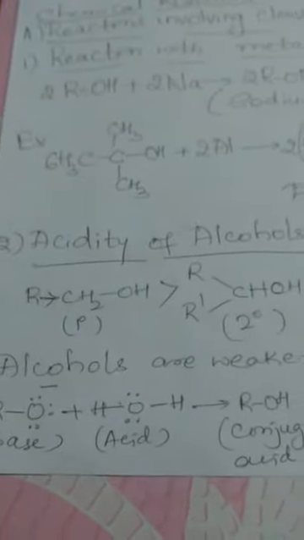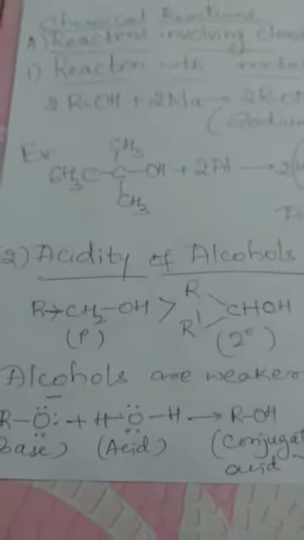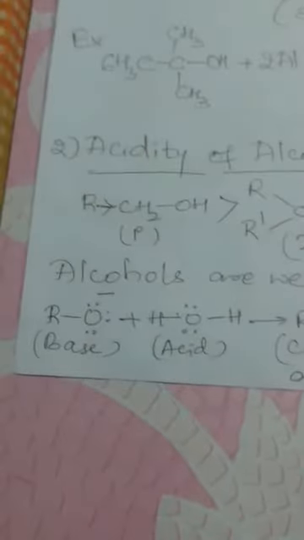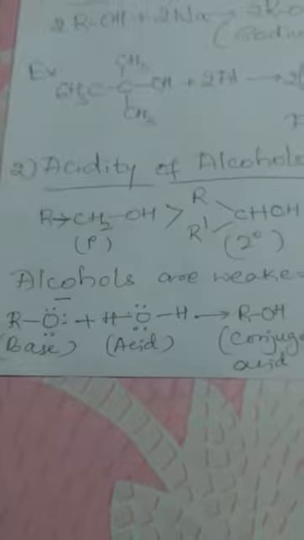RO minus will pick up a proton from water, H2O, so that you will get ROH and OH minus. Now if you look at this equation, RO minus alkoxide ion is a base, water acts as an acid, and the alcohol formed, ROH, will be the conjugate acid, whereas OH minus will be the conjugate base.